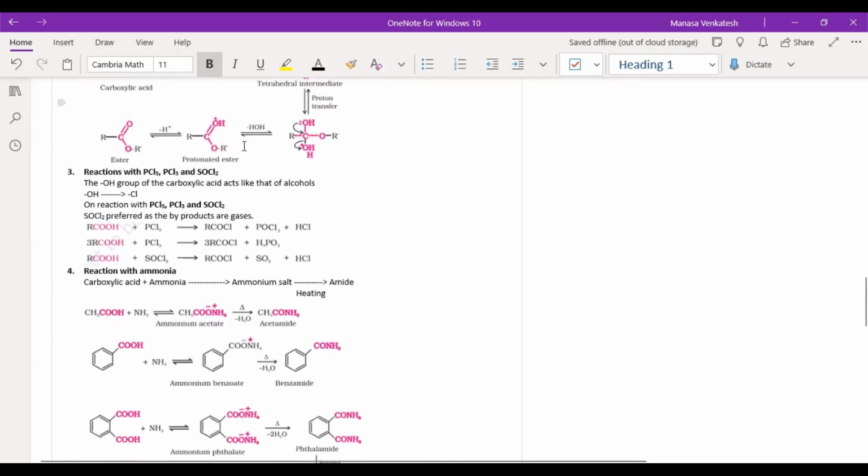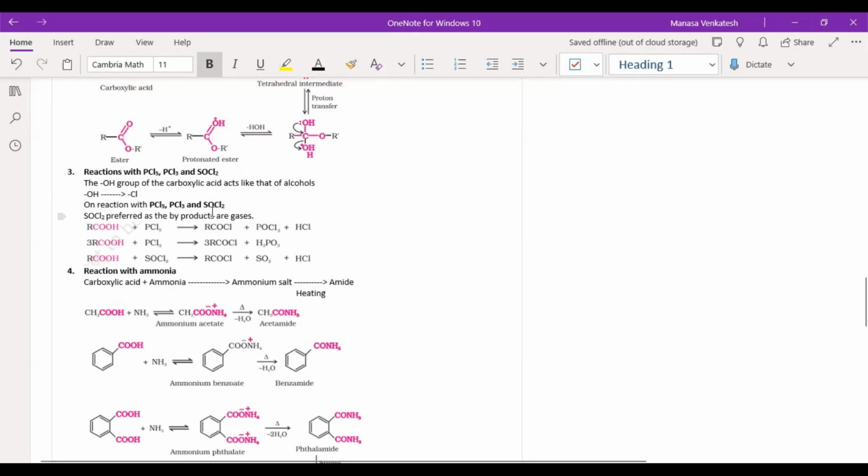Next is reaction with PCl5, PCl3 and SOCl2. This reaction is what we learned in alcohols, phenols, ethers. We also learned it for the synthesis of alkyl halides from alcohols. So here what happens is the OH of the COOH is going to get replaced by Cl. This is because the OH group of a carboxylic acid is going to act as that of an alcohol.